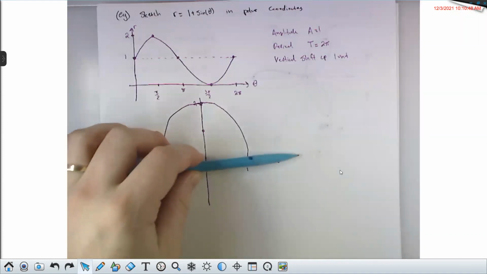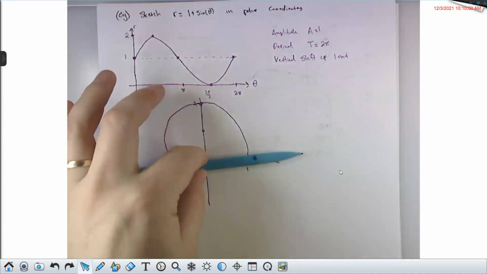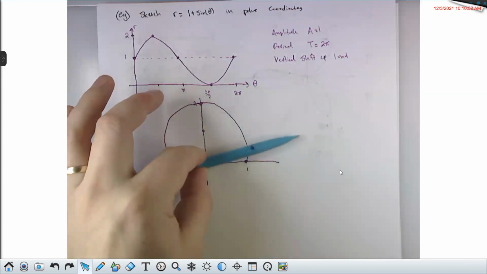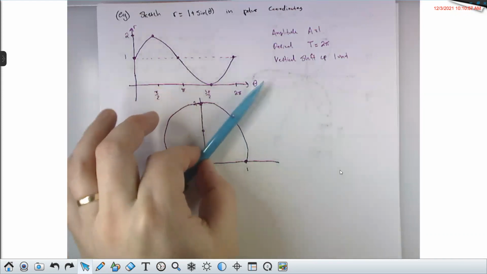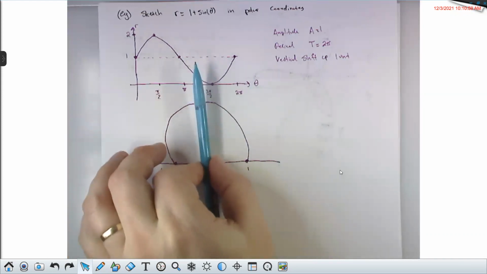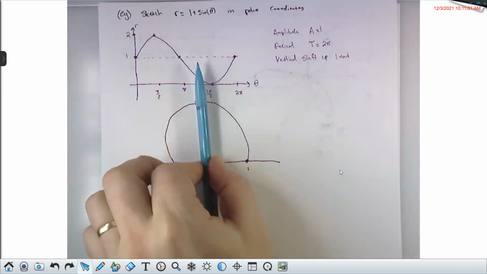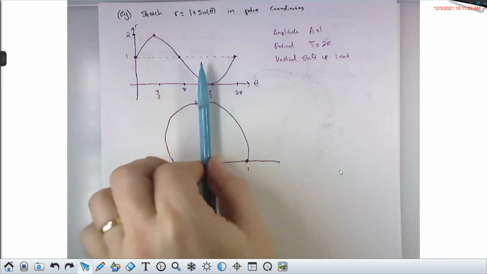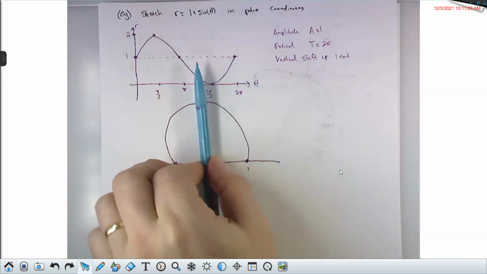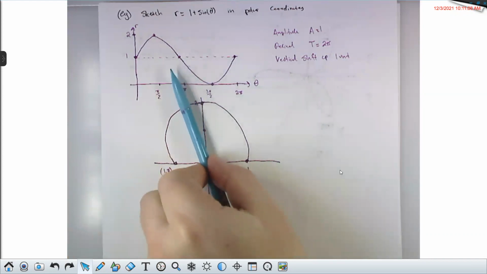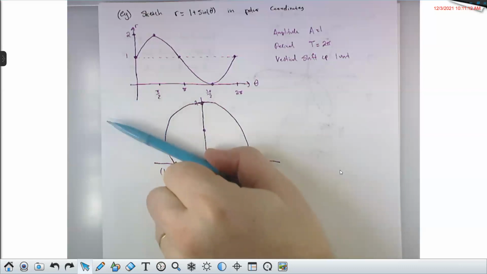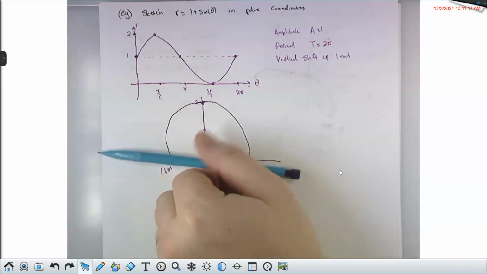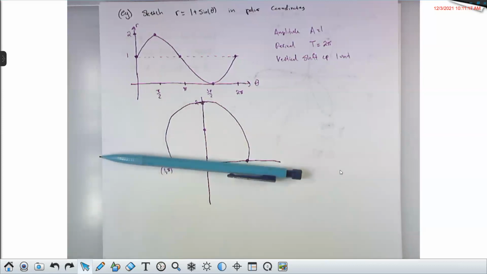Try to visualize the little guy running out along the arm as I rotate here. See, he's running out more and more. R is increasing until I get to that max, r equals 2, when this is up here at pi over 2. And now as I rotate past pi over 2, my little guy is running in, you see that radius getting smaller and smaller until I get to pi, where he's at 1, out here at distance 1 along this radial arm.